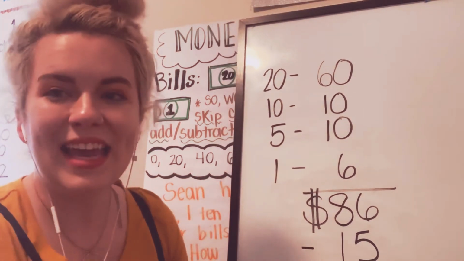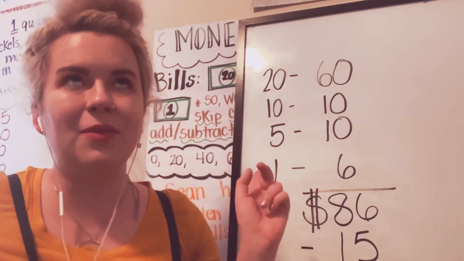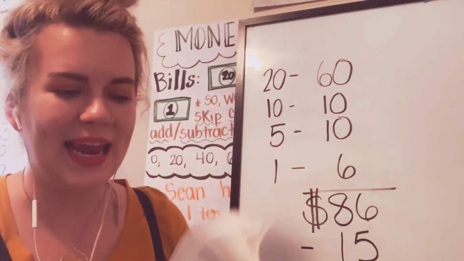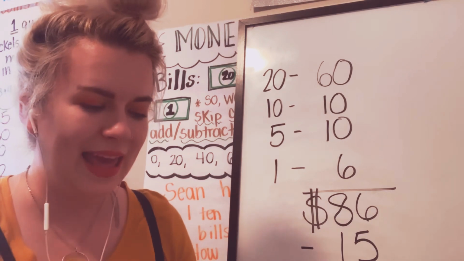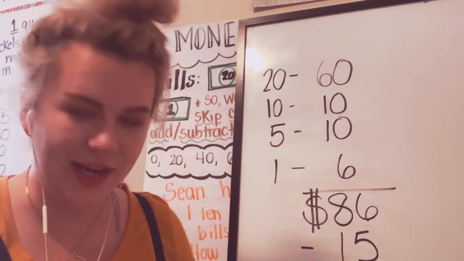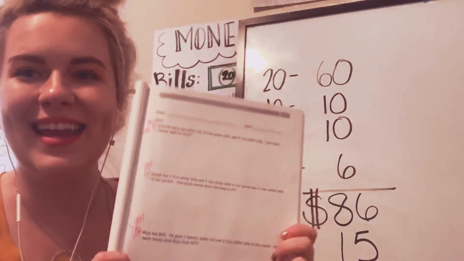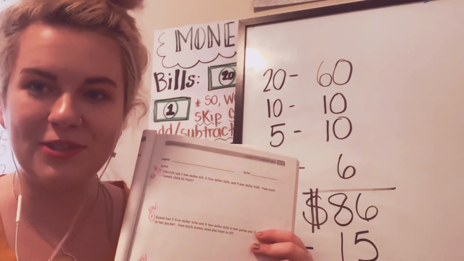If you're wanting to complete some problems that go along with the one that we just did, you need to get your math book out, Module 7 and 8, and turn to Lesson 8 that starts on page 45, okay? So page 45 in your green 7 and 8 book is going to be more problems just like this.